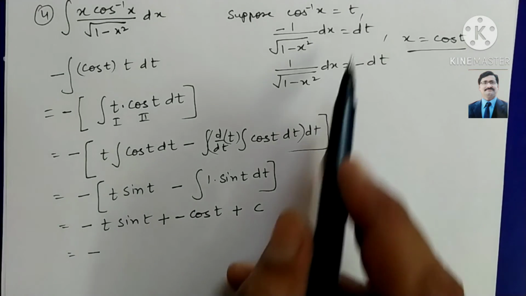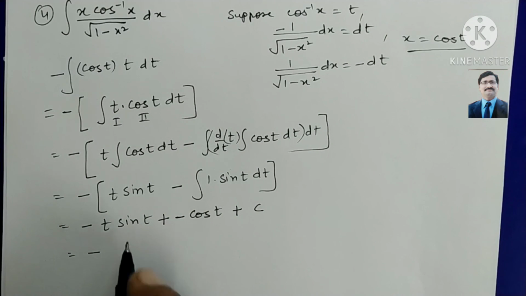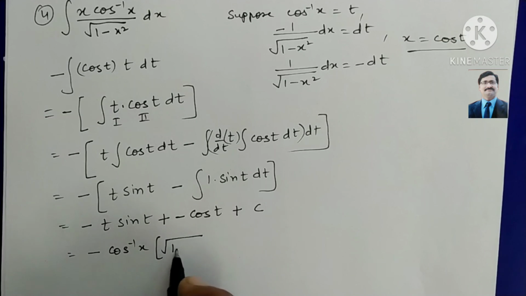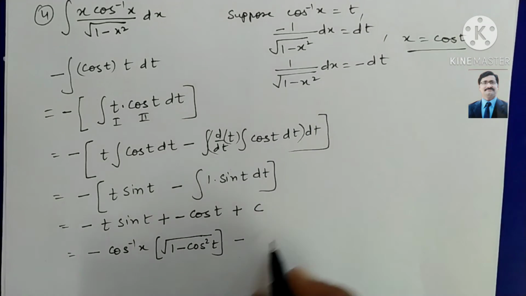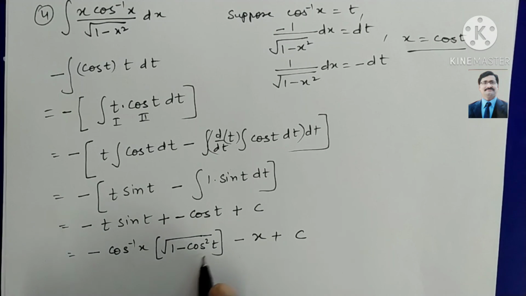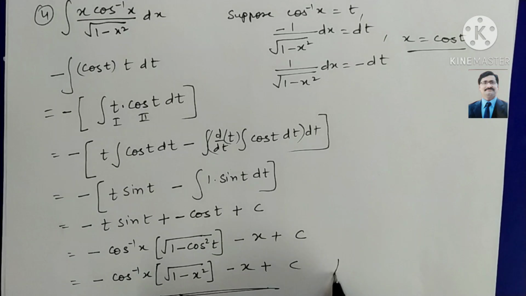So in place of t we can write cos inverse x, and sin t we have to change into root of 1 minus cos square t, okay, and minus cos t we can write x, and plus c. This will be x, so we can write minus cos inverse x into root 1 minus x square, minus x, and plus c. This is our answer.